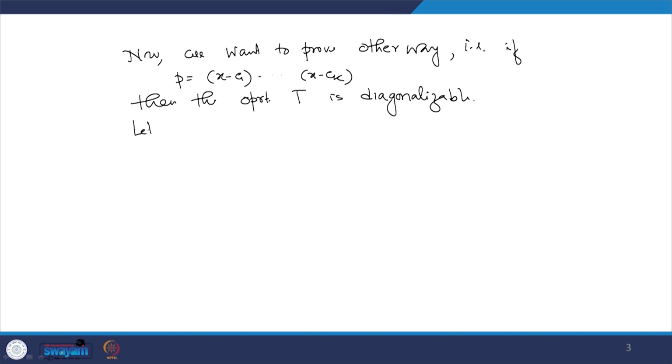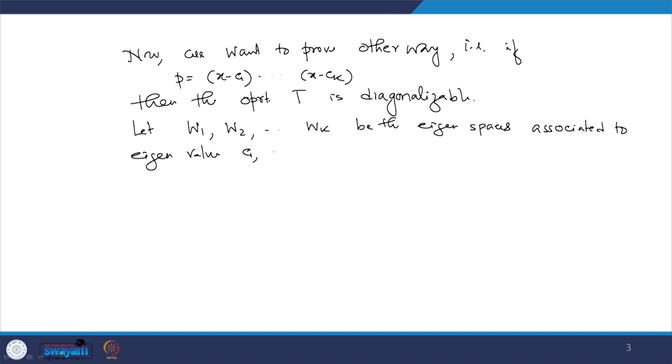Let W1, W2 and Wk be the eigenspaces associated to eigenvalues C1, C2, Ck respectively.